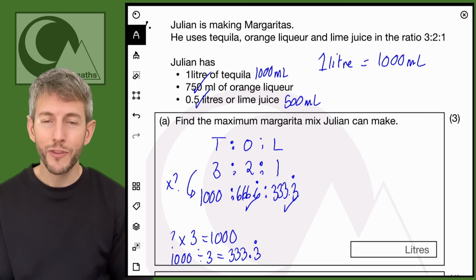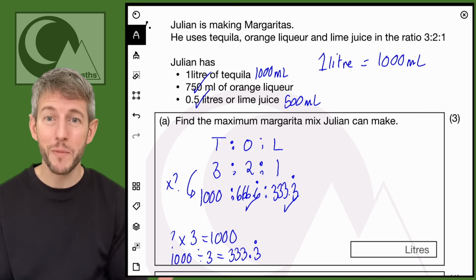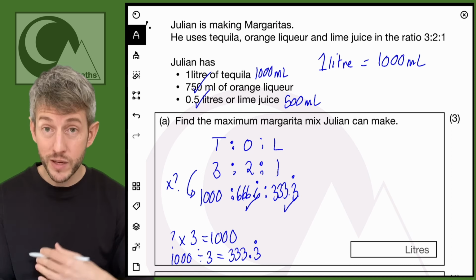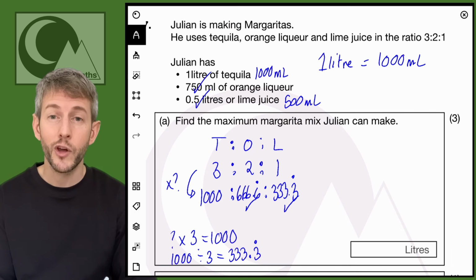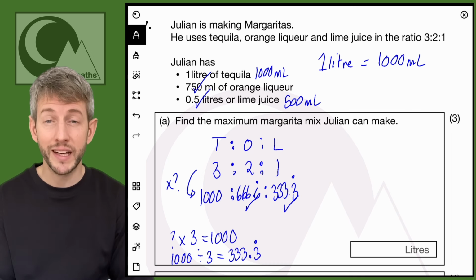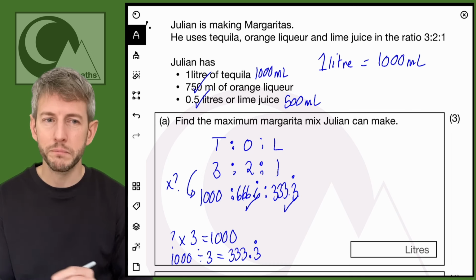That's pretty lucky because that means I'm at the answer. So if I use up all of the tequila, I need 666.6 recurring millilitres of orange and 333.3 recurring millilitres of lime.